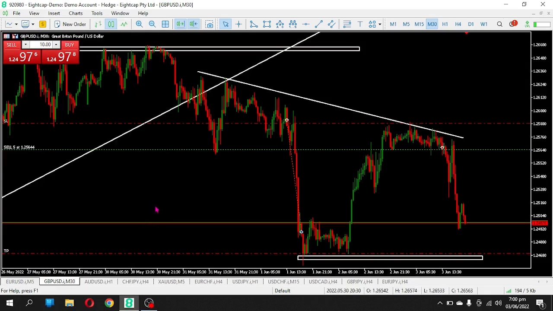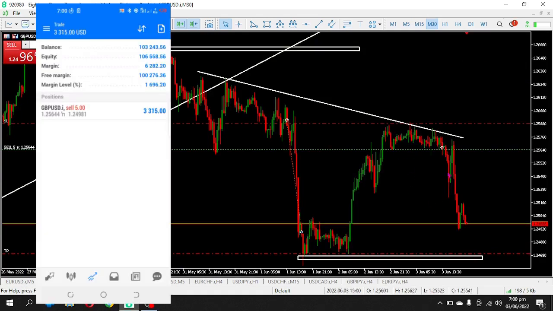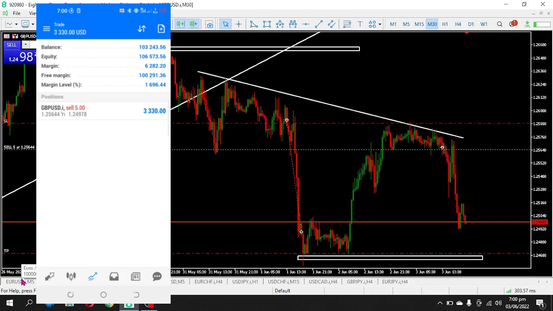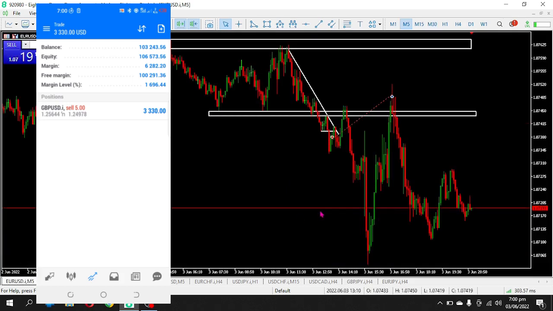Hello traders, I'm back after some hours and our GBP USD trade is still in profit. We had this pullback, but it didn't hit our stop loss and then it dropped. But our Euro USD trade, you can see on the MT4 app, the phone version, it's only the GBP USD trade that is open. It's because the Euro USD trade hit the stop loss.